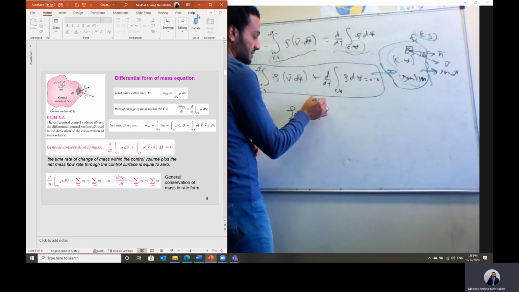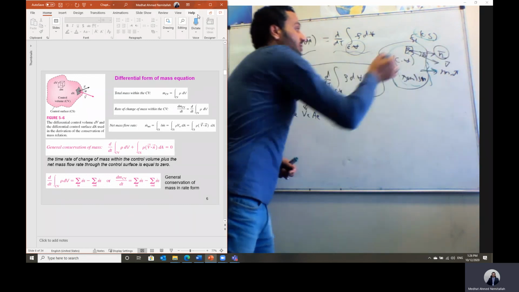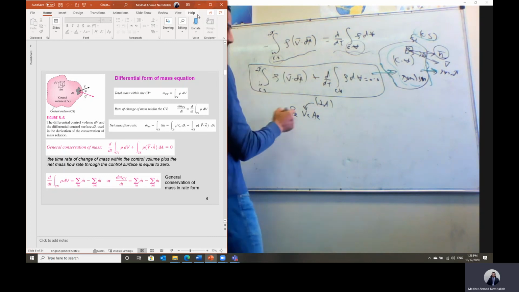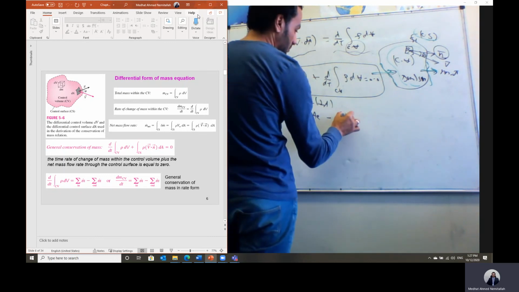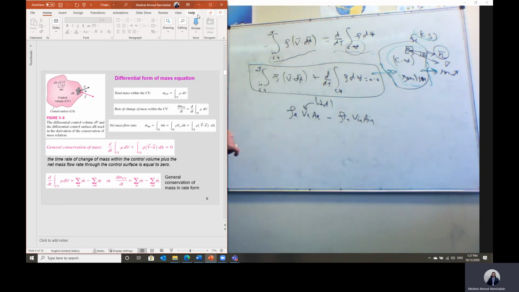And we said this velocity is the velocity that is normal to the cross-sectional area, the component of the velocity in the area direction, which is in the direction of the vector n, the area vector. This is at the exit, minus at the inlet, it will be rho inlet, velocity V inlet multiplied by area inlet in this case.